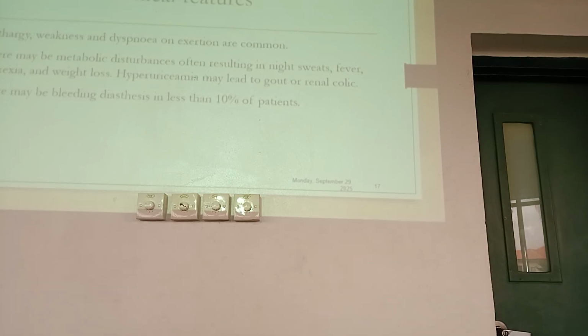You take a bone chunk and send it to the pathologist. You may rely on that in myelofibrosis because you will not get any aspirates, usually a dry tap. The reason for the dry tap is that the marrow has been replaced with collagen and reticulin.